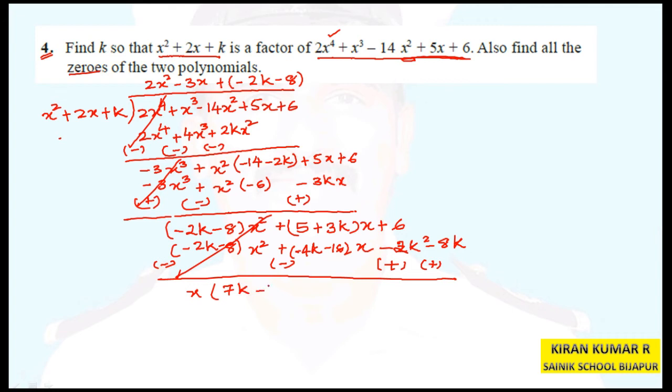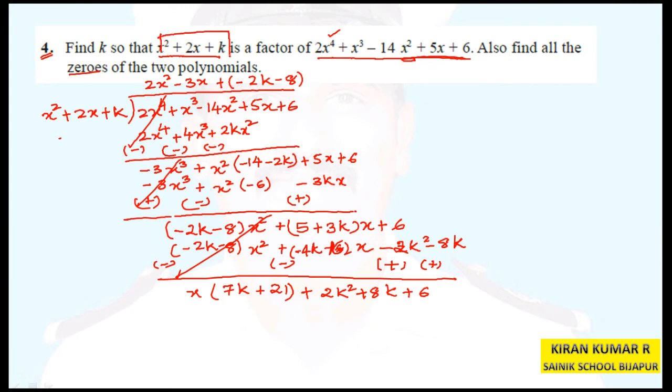Then 5 added to 16, which will be plus 21, so it becomes 7k plus 21. Then the remaining terms are the constant terms, which is 2k square plus 8k plus 6.